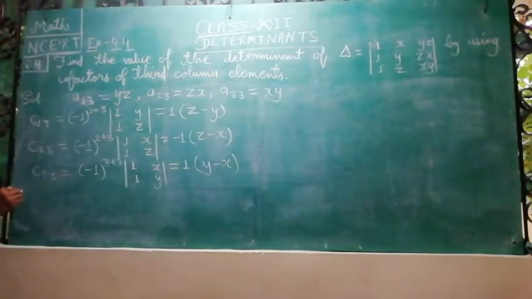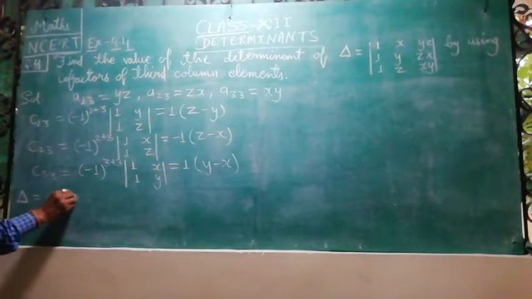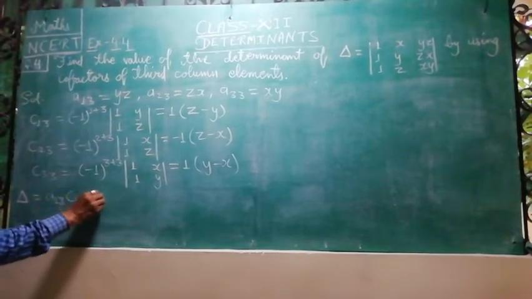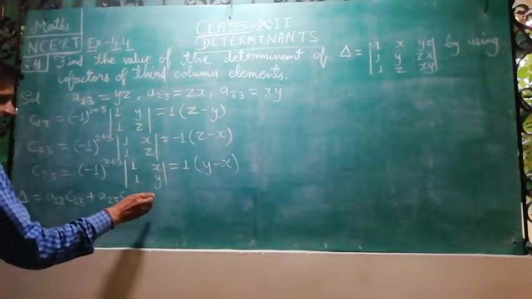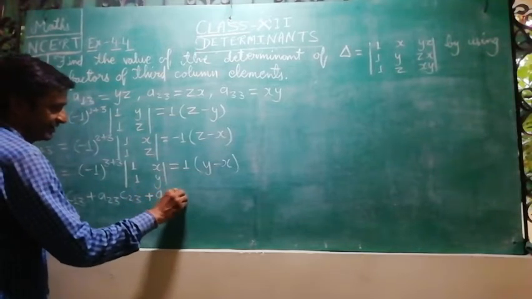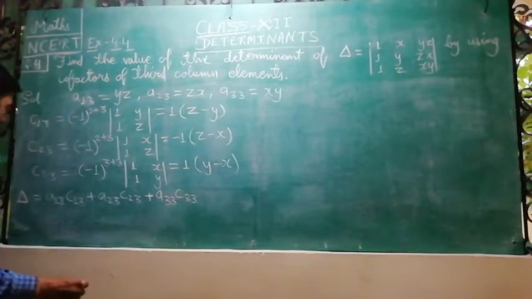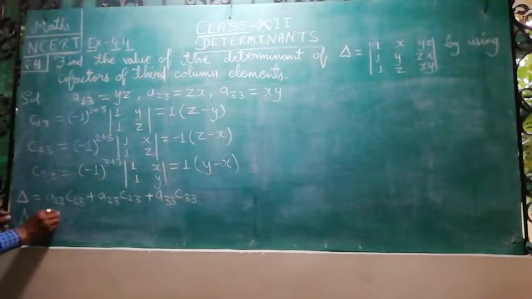Now determinant is equal to A13 C13 plus A23 C23 plus A33 C33. So it will be equal to A13, which means yz, yz into z minus y.